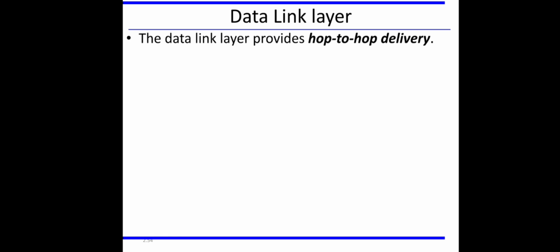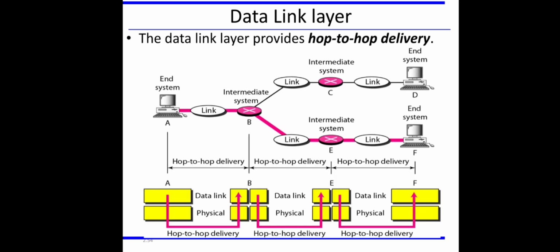The data link layer provides hop-to-hop delivery. You can see an example for that.